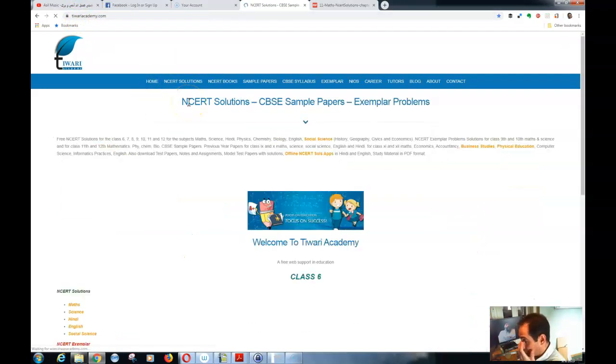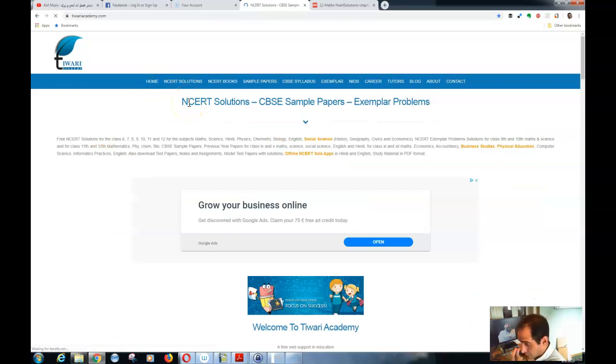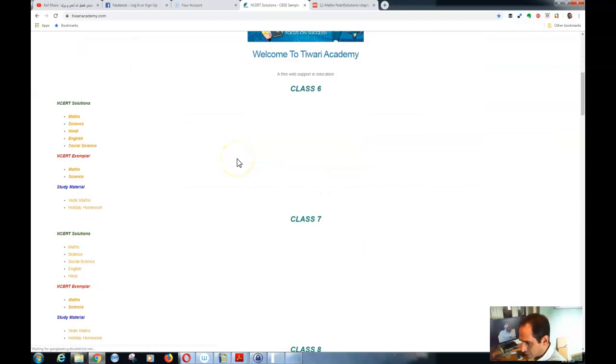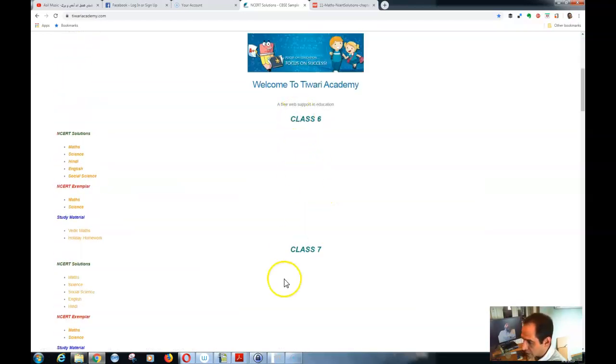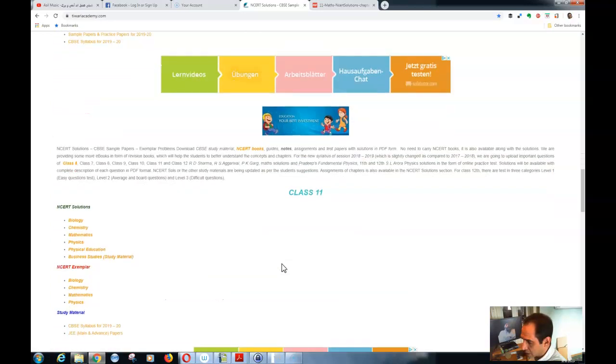If you go to home, you can find all of these free NCERT solutions for class 6, 7, 8, 9, 10, 11, and 12 for the subjects math, science, Hindi, physics, chemistry, biology, English, social science, and that's everything there is, from class 6 all the way up to class 12. And of course mathematics is one of them, so these are the classes 6, 7, 8, 9, 10, 11, and 12.